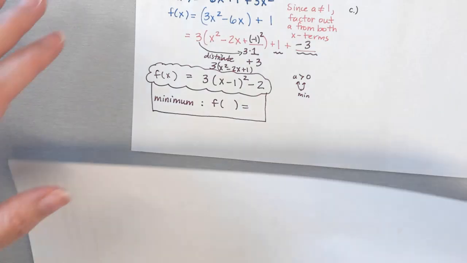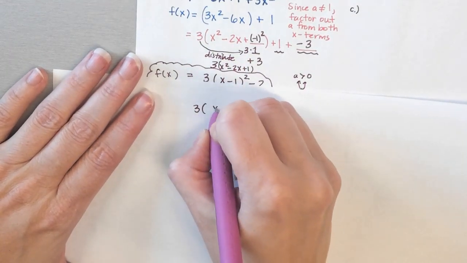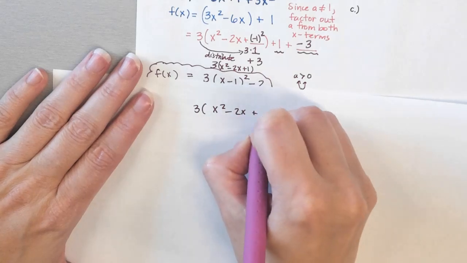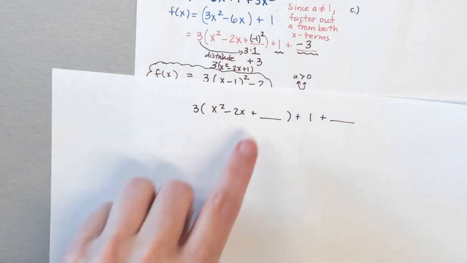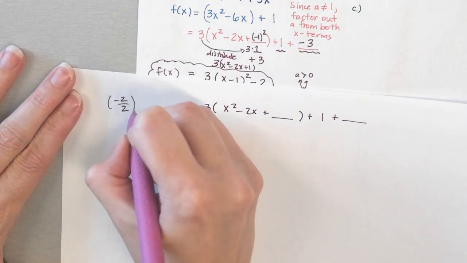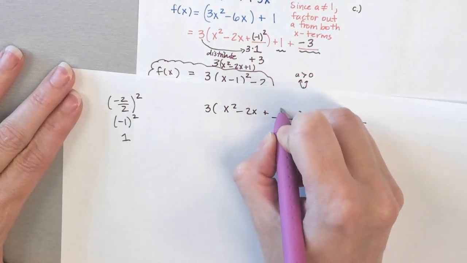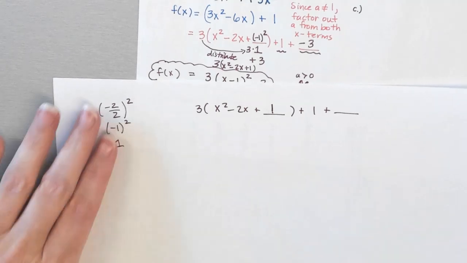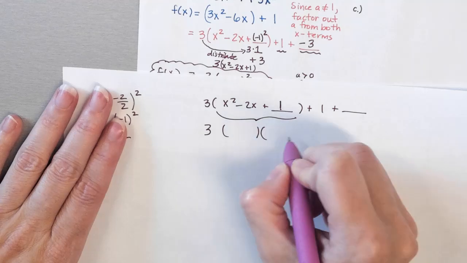It's like this. So if you have this, the 3, the x squared minus the 2x plus your blank, plus 1 plus your blank. Okay, when you're filling in this, it's the -2 over 2 squared, -1 squared, which is a 1. So your 1 is here. The 3 is going to stay, and then what you do is you factor this.